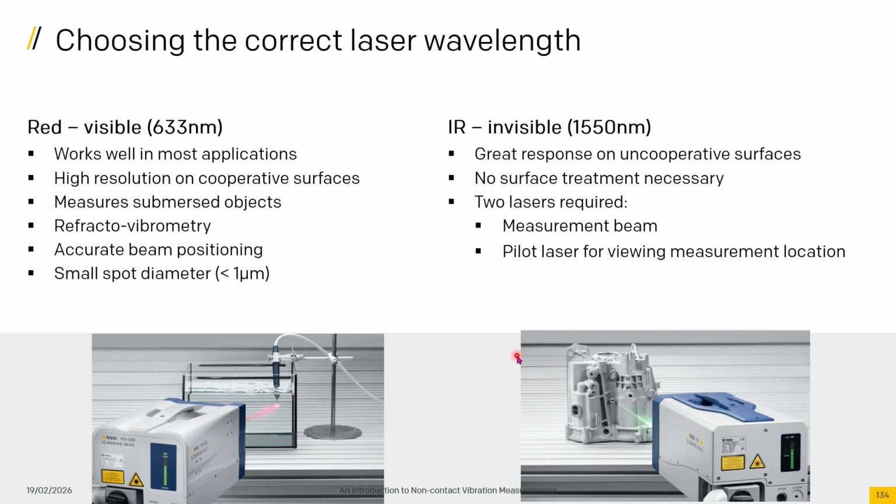QTech is the fundamental next generation of vibrometry that doesn't care for any kind of surface preparation, nothing. The benefit of the red laser is that because it's the shorter wavelength of the two, it will always give you the finest, the smallest spot diameter possible.